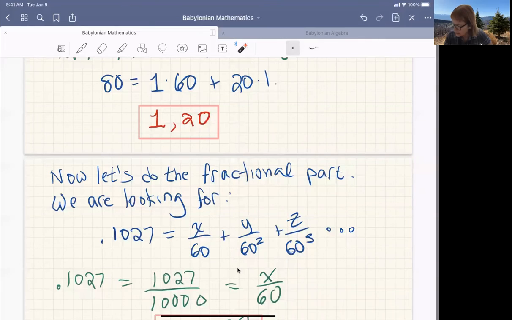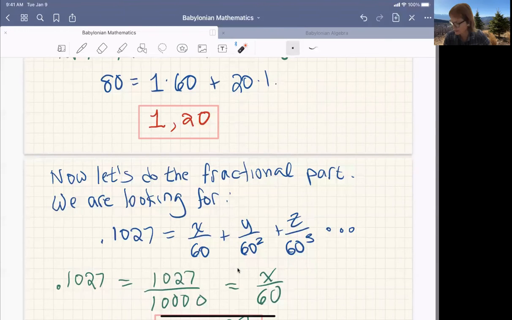So right now I'm just ignoring all this because I'm trying to find X. So can I find an X so that X over 60 is equal to 1027 divided by 10,000?